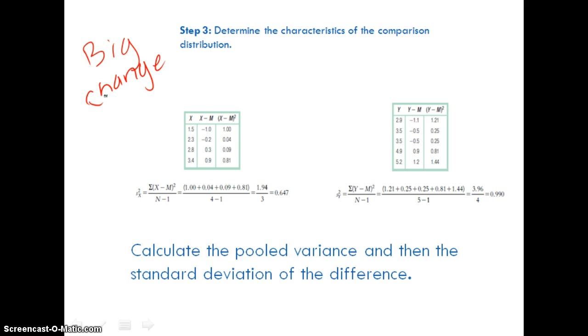And the amount of information that we get in each sample, so the number of scores in each sample, gives them a different weight. So you'll see that in the y variable here, n equals 5, and in the x variable here, n equals 4.